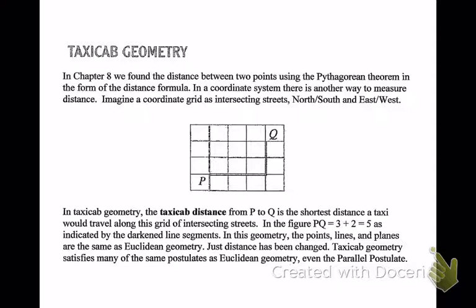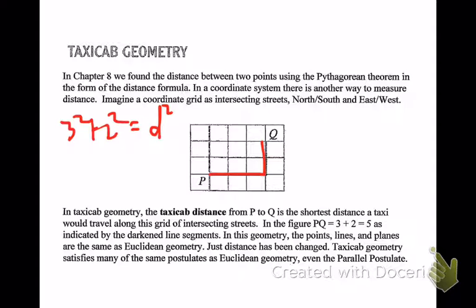In the figure, PQ in taxicab geometry would be 3 plus 2, which equals 5, indicated by the dark line segments. In Euclidean geometry with the distance formula, we'd have 3 squared plus 2 squared equals the distance squared. And that's how we'd get the distance.